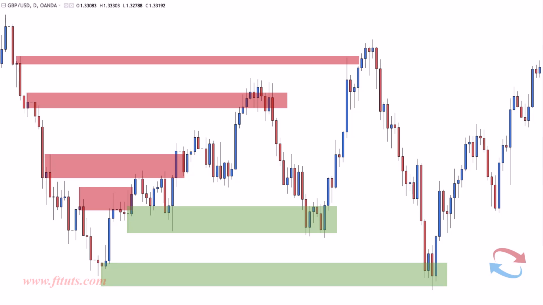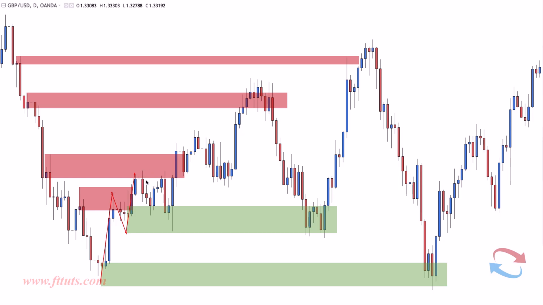So let me grab a pen. So you've got, it's taken out that level of supply now. It's touched this level of supply. This level of supply is null and void. This now becomes the first area, right?